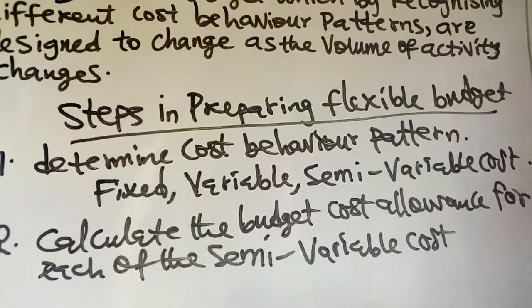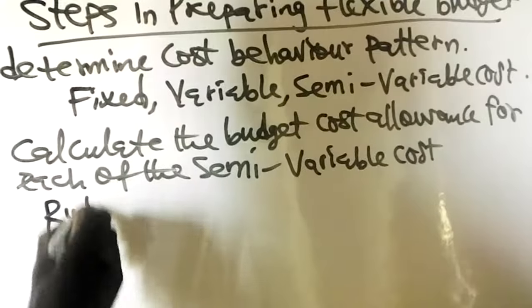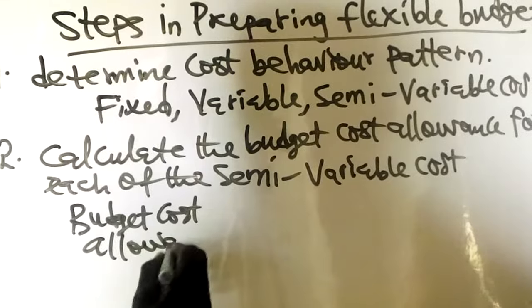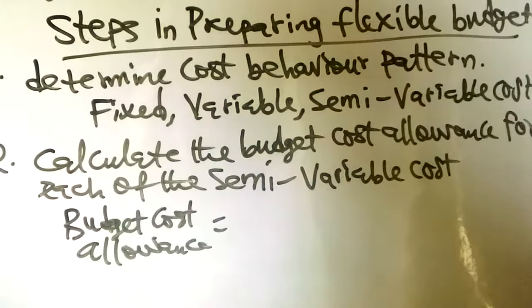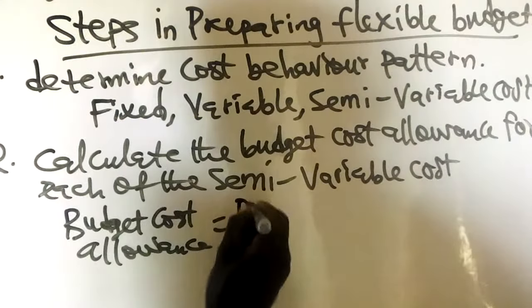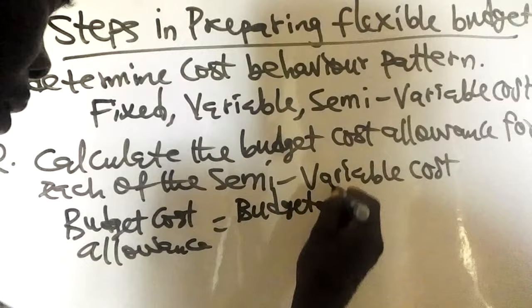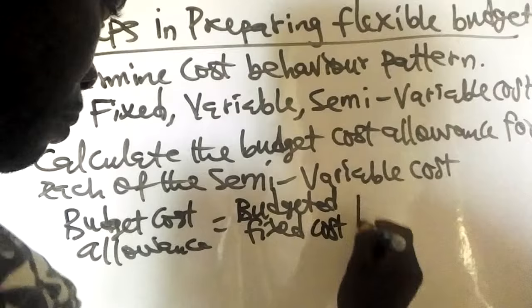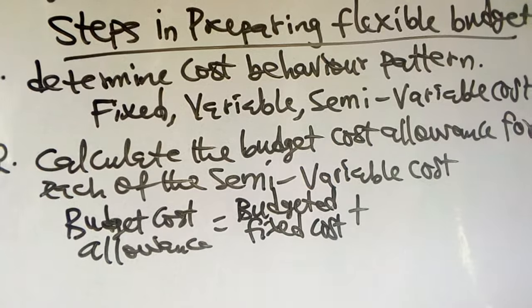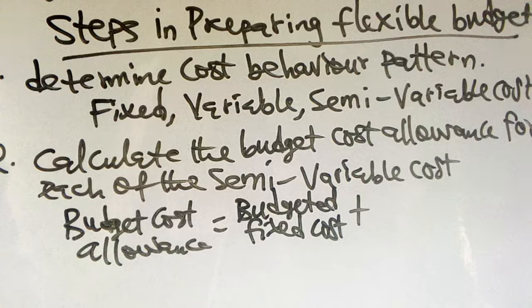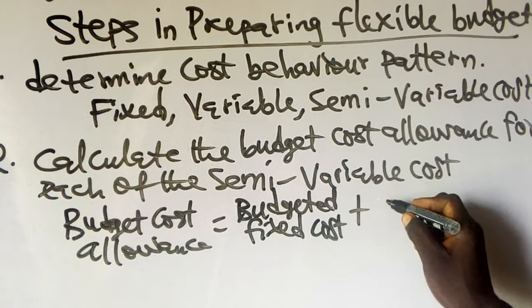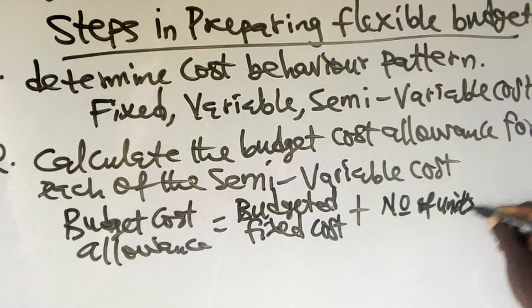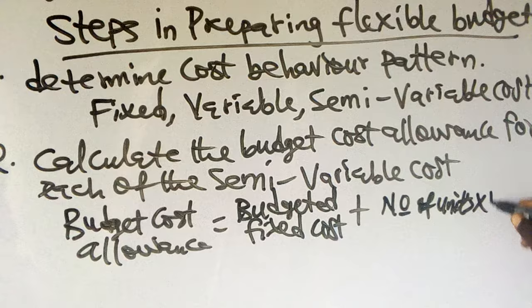To calculate the budget cost allowance: budget cost allowance is equal to budgeted fixed cost plus number of units multiplied by variable cost per unit.